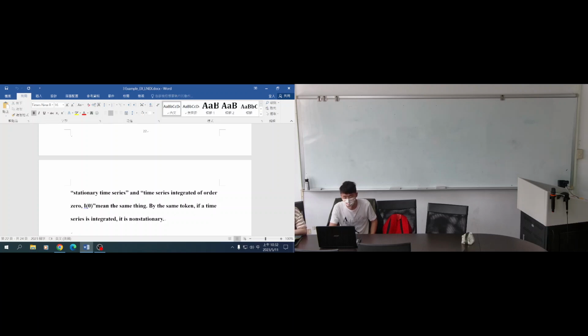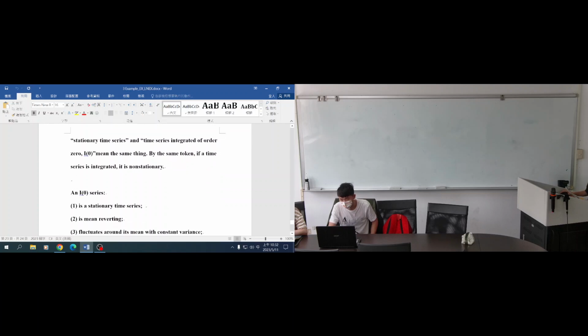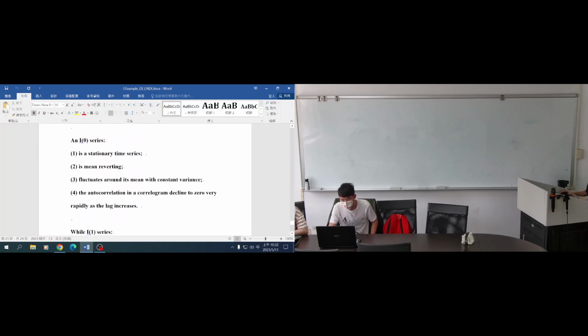Since it is stationary, there's no integration, so we put I(0). So let's review what we mean by this. When I say I(0), it means a stationary time series that is mean reverting. Reverting means converging. And it fluctuates around its mean with constant variance.